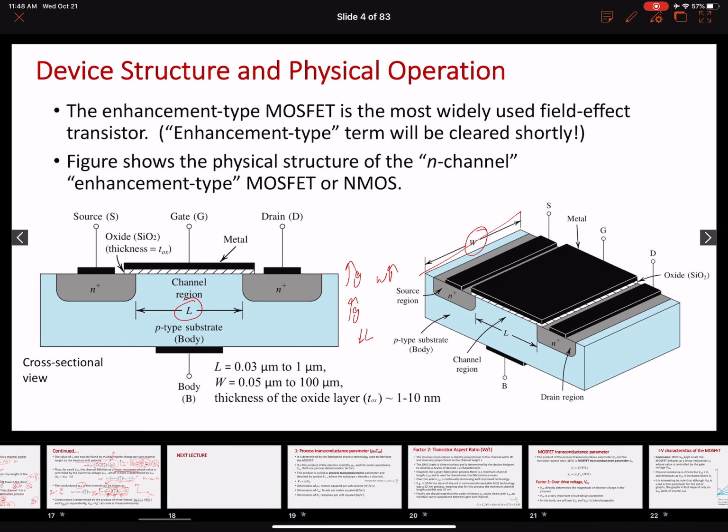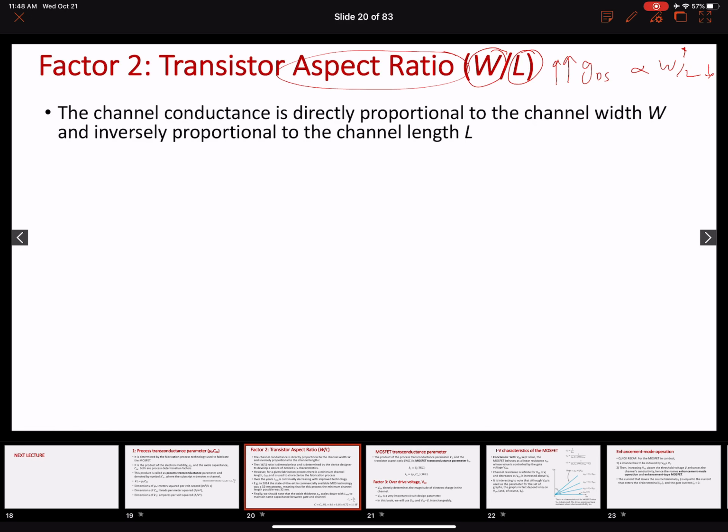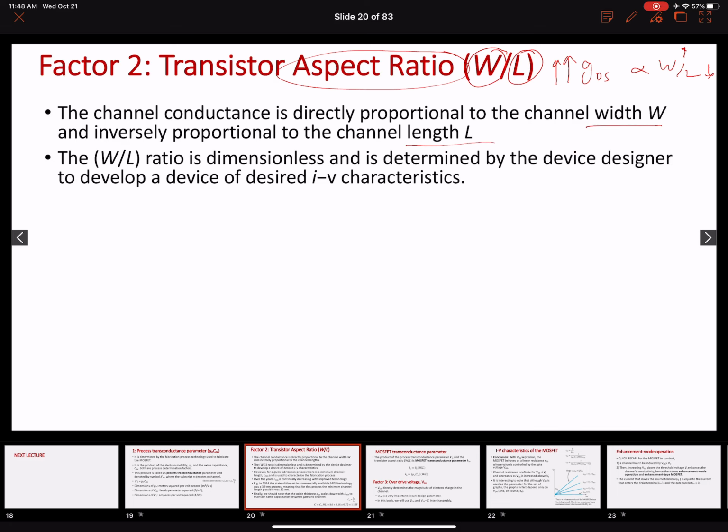So the channel conductance is directly proportional to the width and inversely proportional to the length. When people are designing transistors for specific applications, whether they are for amplifiers or microprocessors, they want to operate the transistor in certain regions.